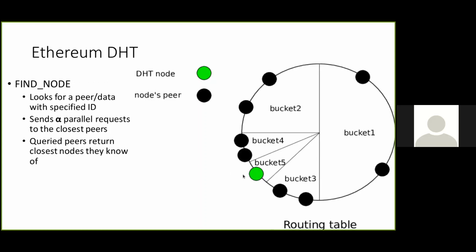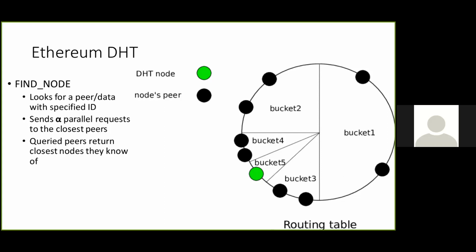So what is happening basically when I'm in this green node and I want to find a node, let's say in bucket 1, and if I know about this node, I have it in my routing table, it's easy, I just can connect directly. If not, I will ask the closest node I know of to the target ID, and then I'll say, hey, do you know this node, or do you know any closer IDs?